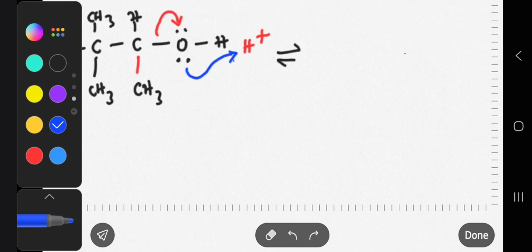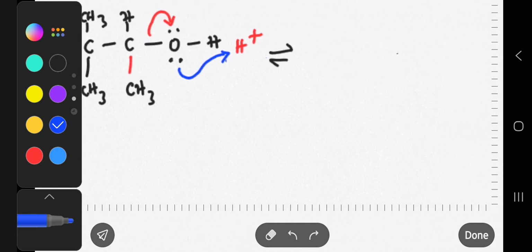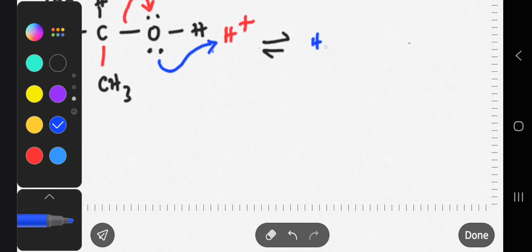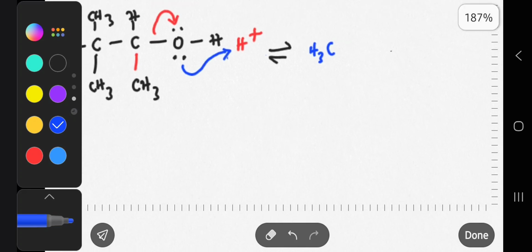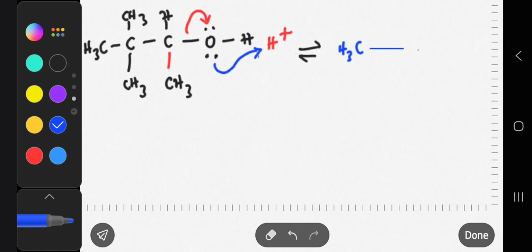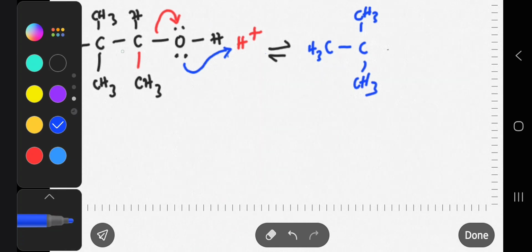So we're going to have this structure: H3C, remember, with carbon with CH3 over there, then another CH3 here, right? Then look at this bond.